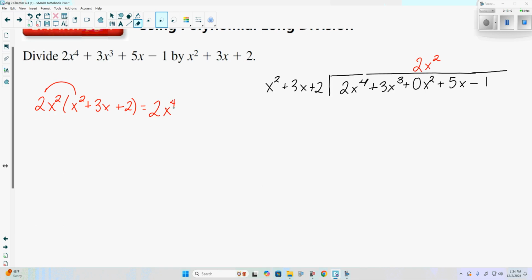When we multiply like bases, we add the exponents. So we get x to the fourth. 2x squared times 3x. 2 times 3 is going to be plus 6. X squared times x is going to be x to the third. All right, guys. 2x squared times 2 becomes plus 4x squared.